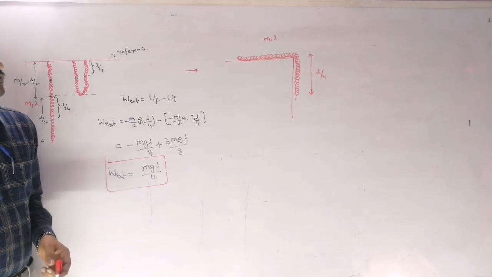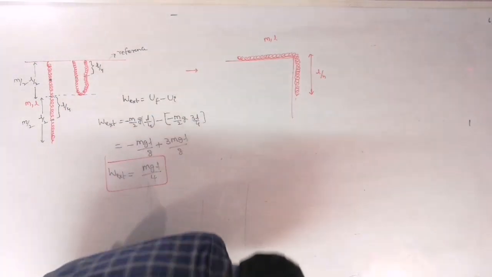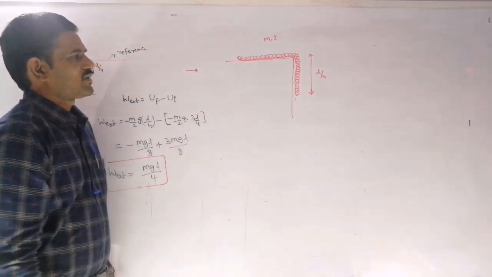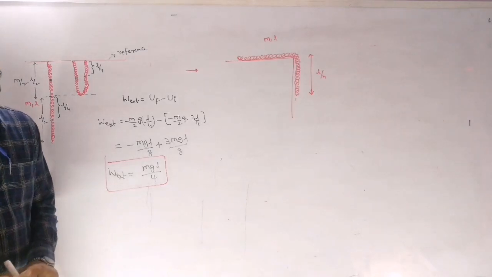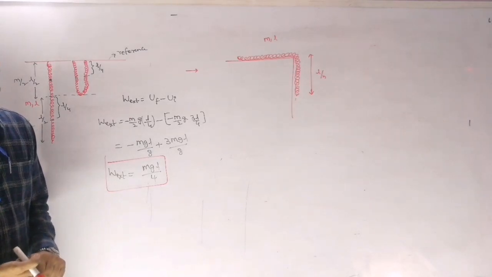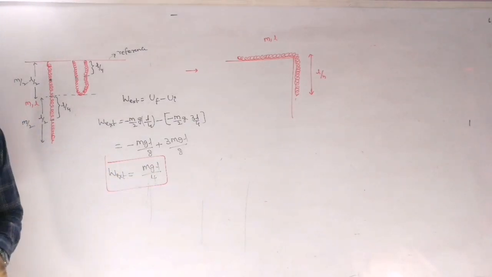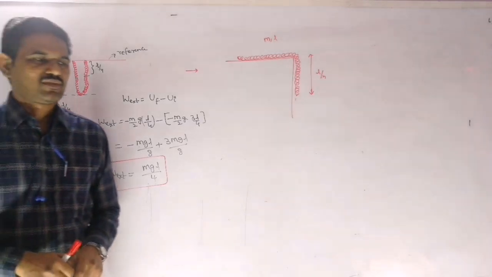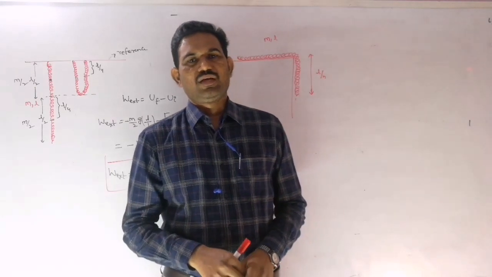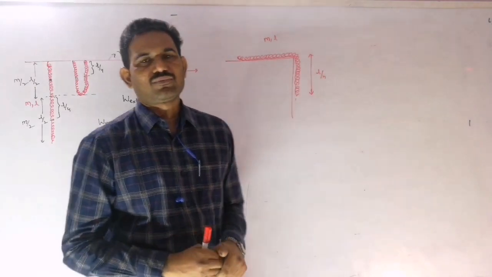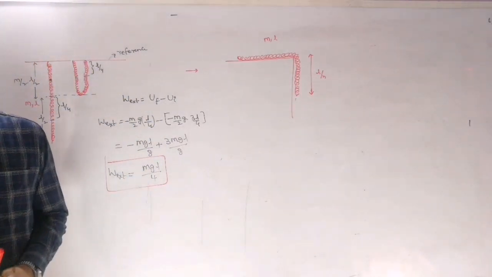A uniform chain of mass m and length L is placed on the table, such that 1 by nth of its length is hanging from the table.